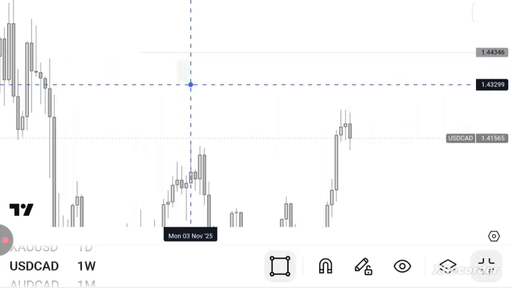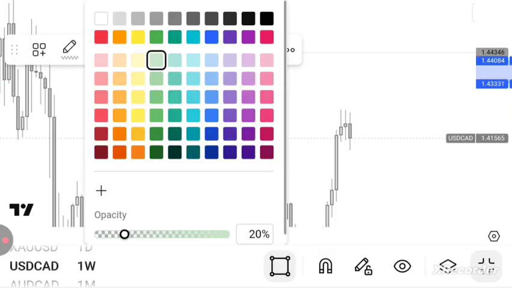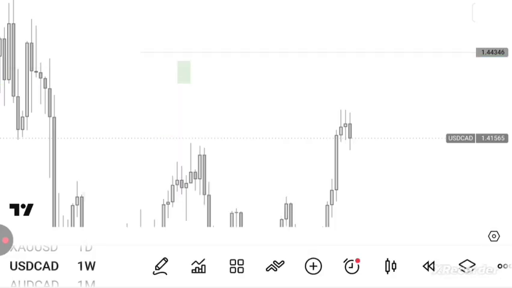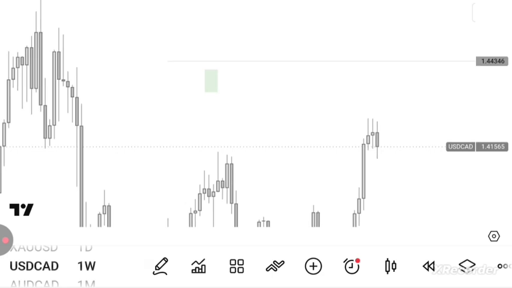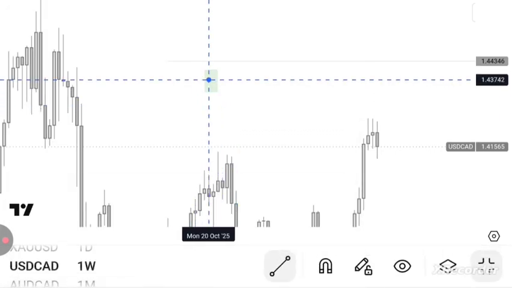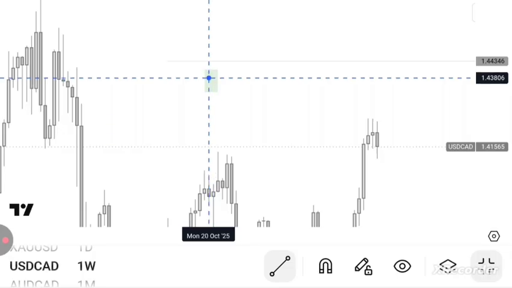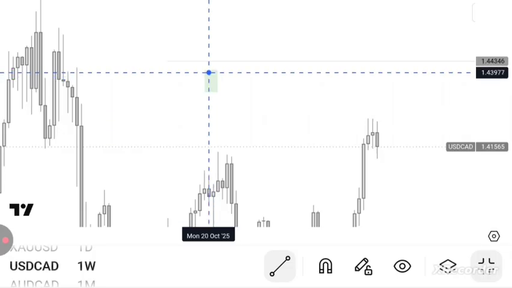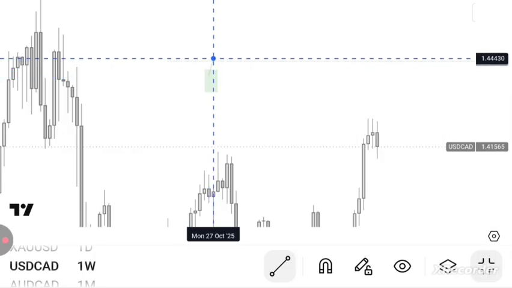This color is not that bright, but it's still okay, let me increase the opacity. Something like this. So on the weekly time frame, what I want to see is that price should reject from a weekly key level and give me a closure.